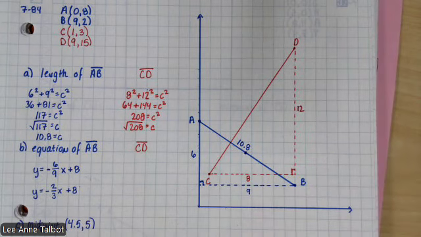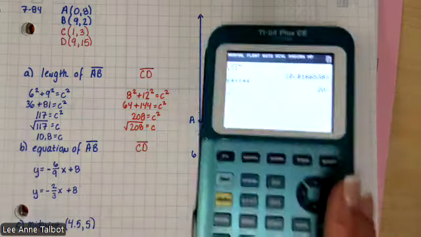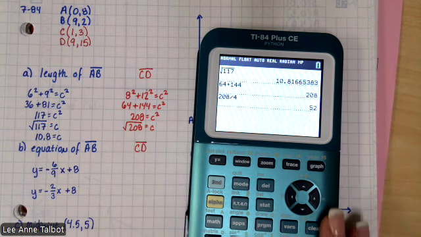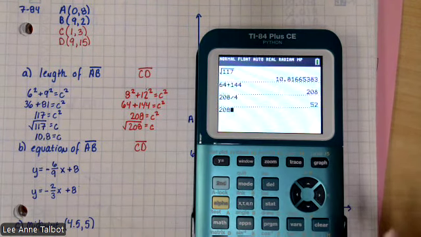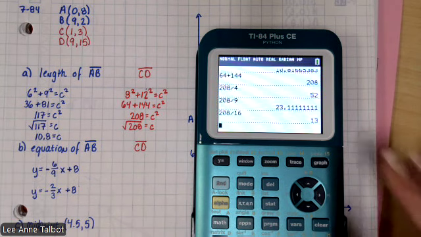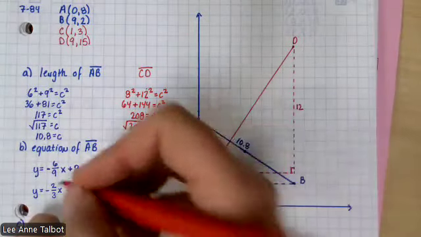Okay. Now, let's check this. Is 208 divisible by 4? Is it divisible by 9? Is it divisible by 16? Ah, there we go. Okay, so I'm going to do exact and approximate here.